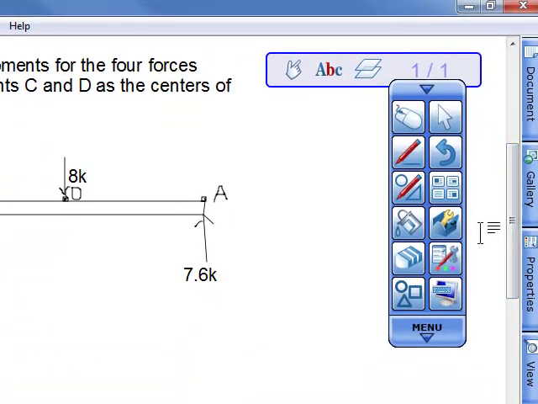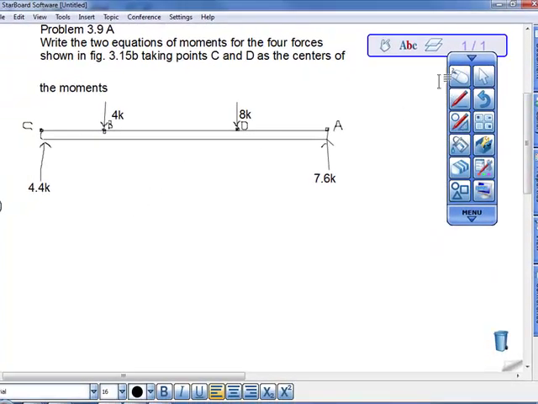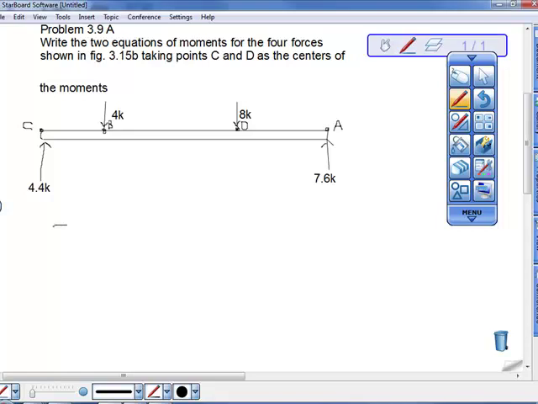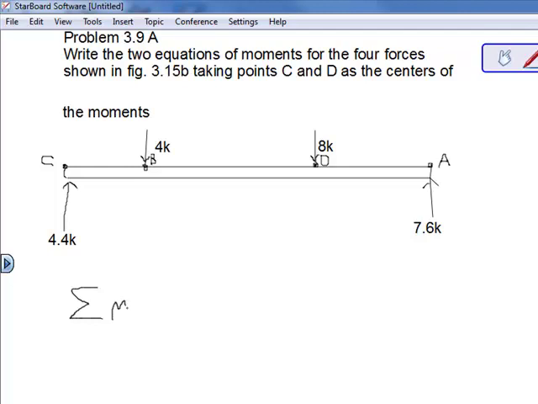What you need to remember is the sum of the moments about C equals 0. Going back up to the laws, every moment force around the center point C, all of them added up will have to equal 0.